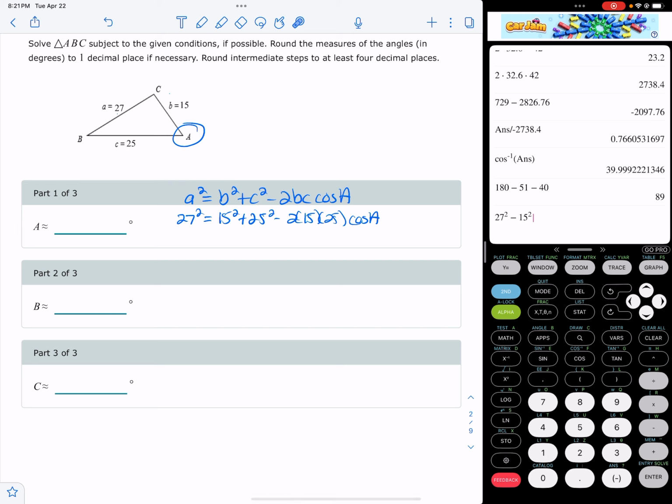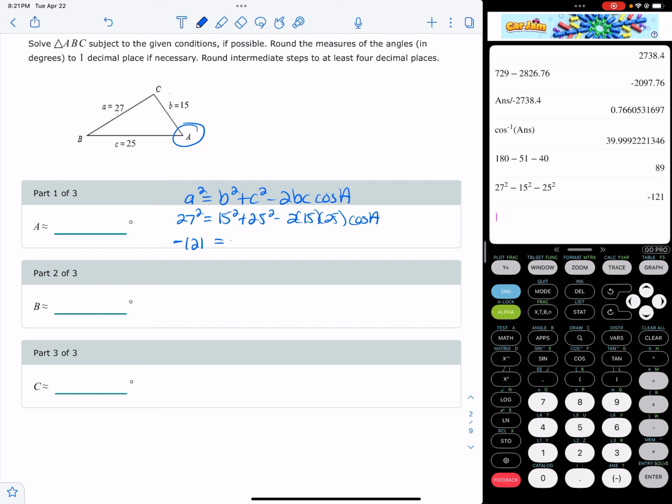Then I'm going to subtract 25 squared, get an answer. So that gives me negative 121 equals 2 times 15 times, whoops, 2 times 15 times 25.